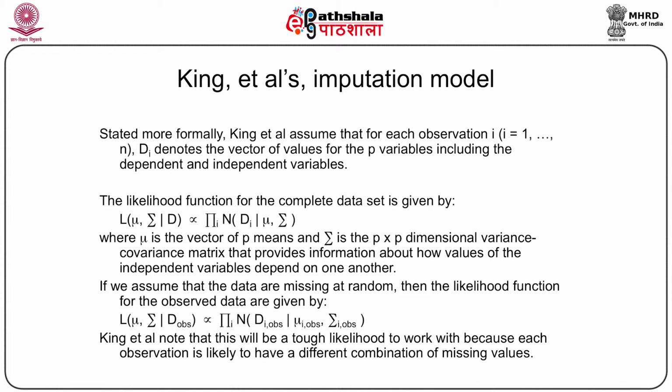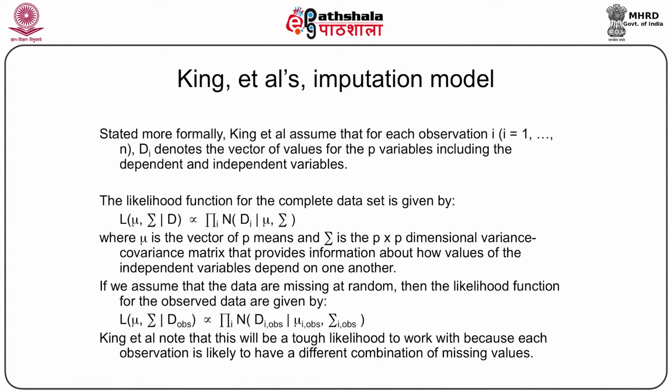Say L of mu, sigma is the likelihood function, where mu is the vector of p means and sigma is a p by p variance-covariance matrix that provides information about how values of variables depend on one another.